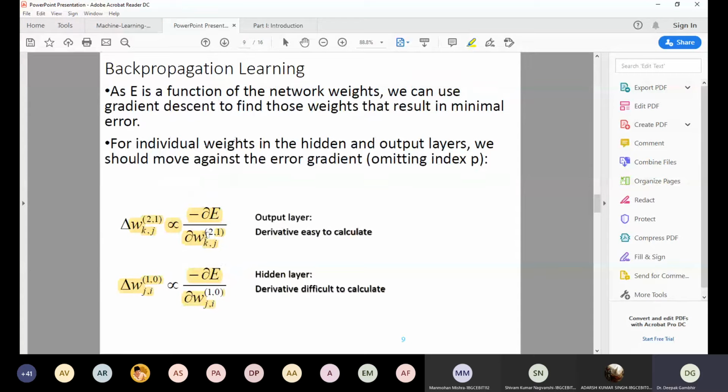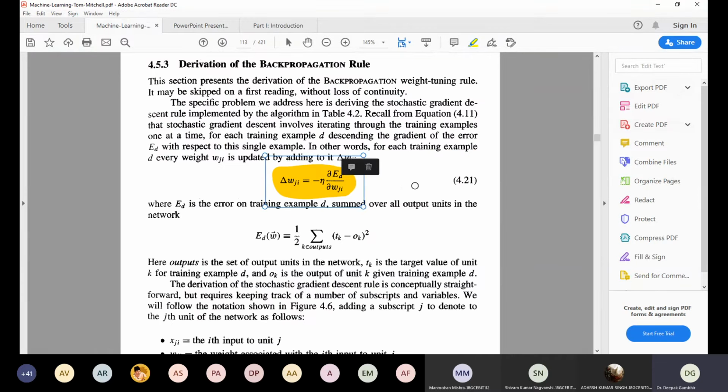That is minus the partial derivative of the error with respect to w_kj. The same is given in the book, but instead of proportional it is written as eta, that is the learning rate. Both are the same thing, but the representation is different, so don't get confused that in the book it is given some other way.